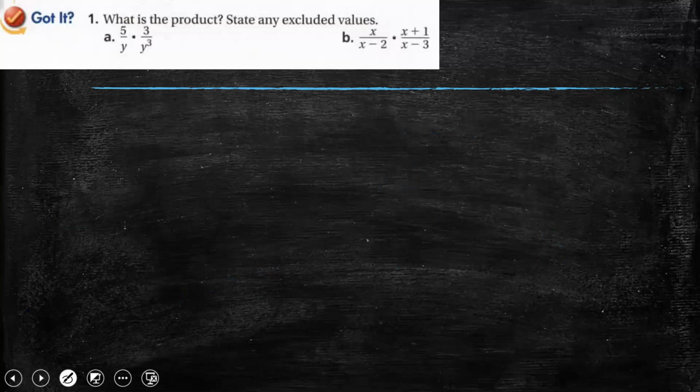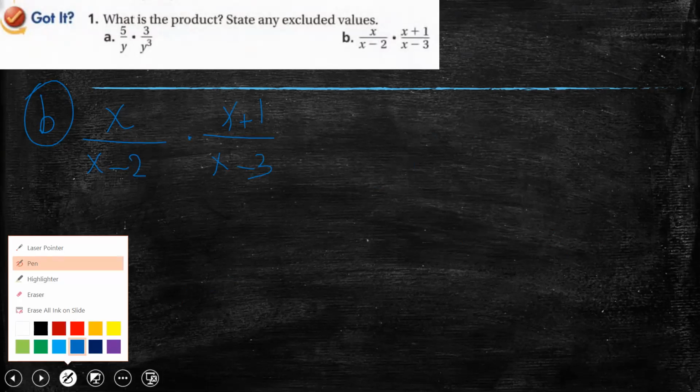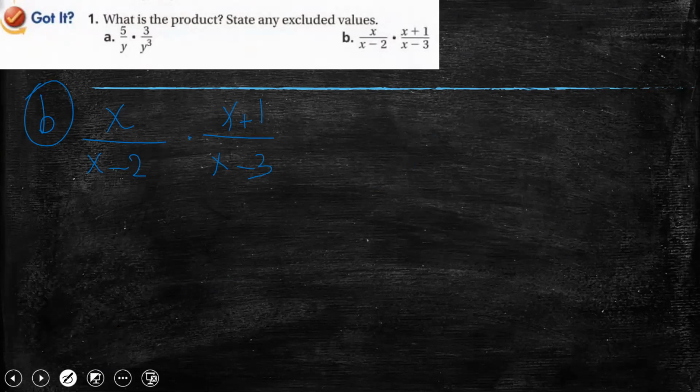Now let's solve B. In B, we have x over x minus 2 times x plus 1 over x minus 3. As we said before, we first multiply the numerators. Now be careful here.